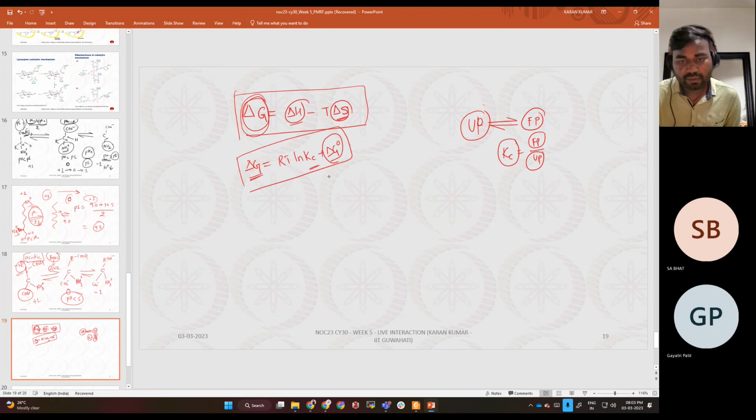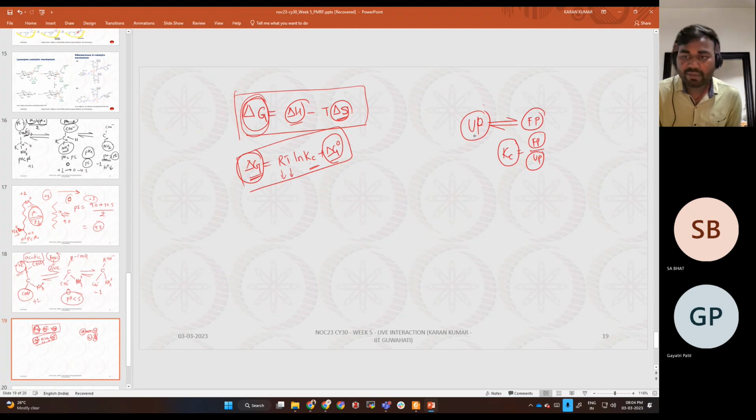Kc is the folded state divided by the unfolded state, R is the gas constant, and T is the temperature given in the question.